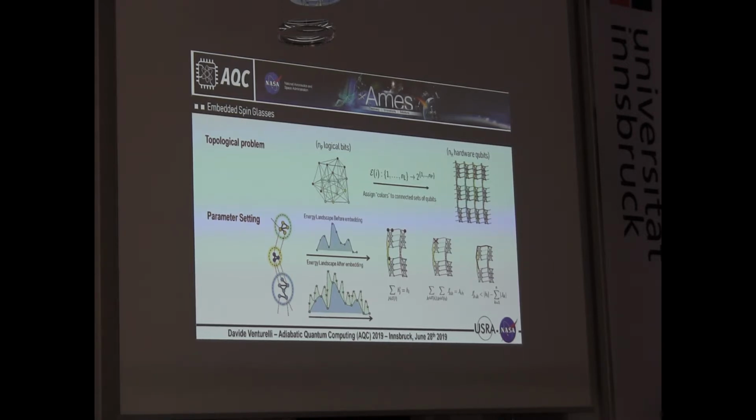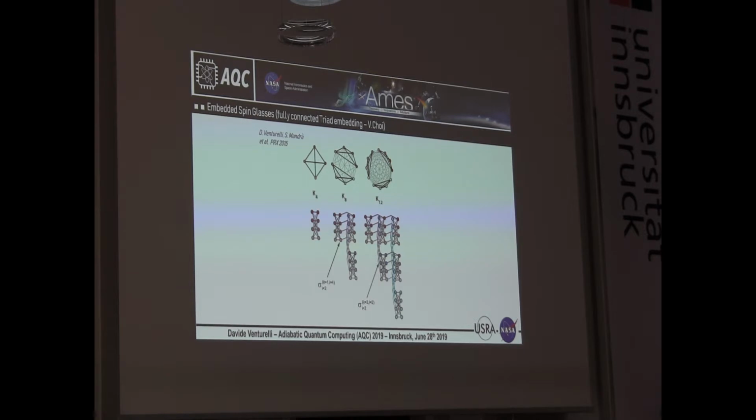And in this particular case, you have other parameters that are somewhat free, to some extent at least, which, for example, represent the ferromagnetic couplings of these vertex models that represent your logical variables. And all of this modifies the energy landscape of the problem and introduces all sorts of effects, which have been studied in several papers.